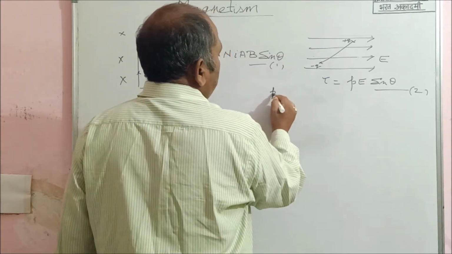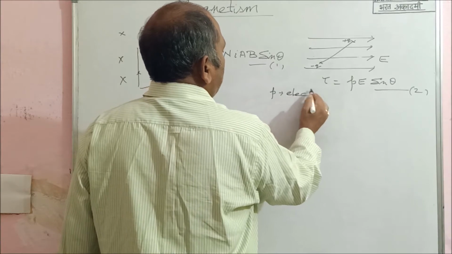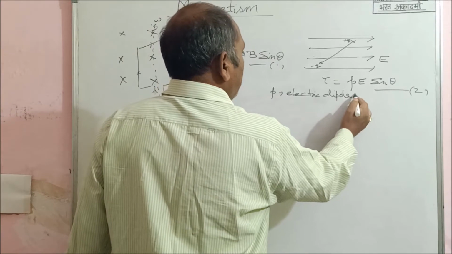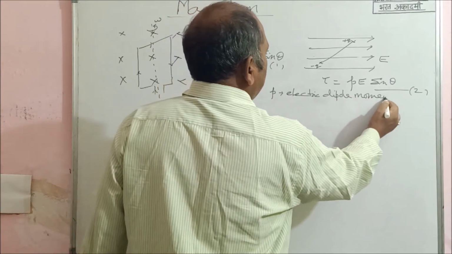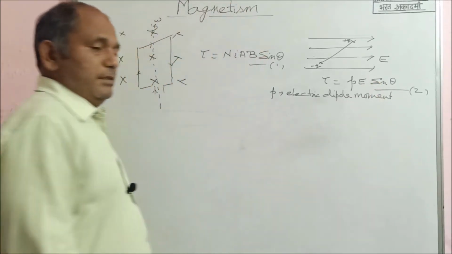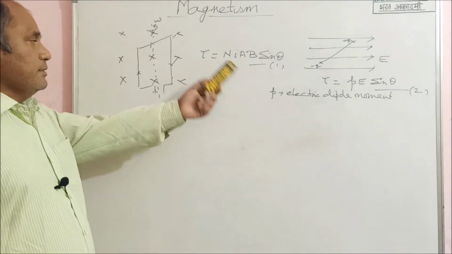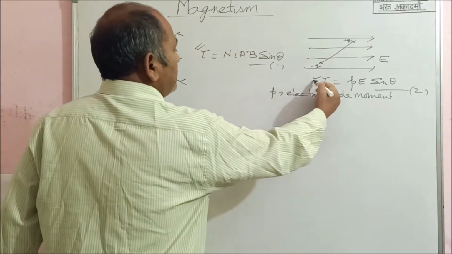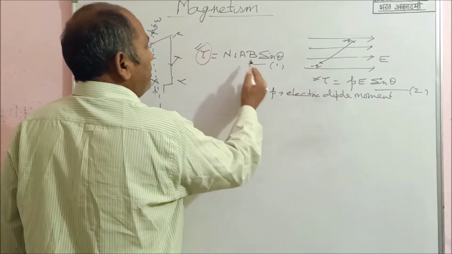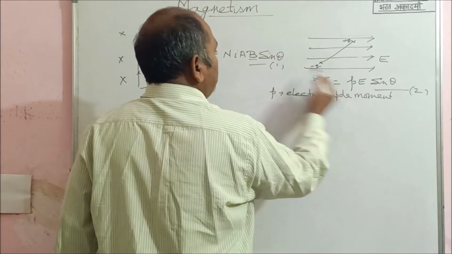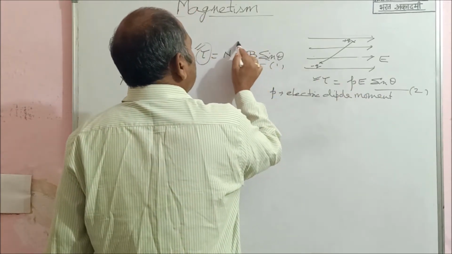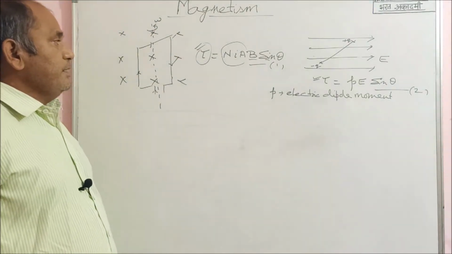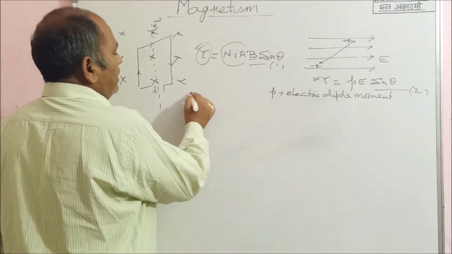Here P was the electric dipole moment, E the electric field, and theta the angle between them. Just in analogy to these two equations, torque is there, magnetic field is there, we have electric field, sine theta, but this thing is a bit different, right?